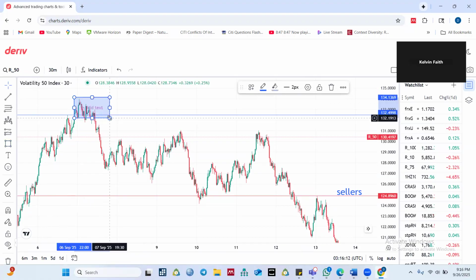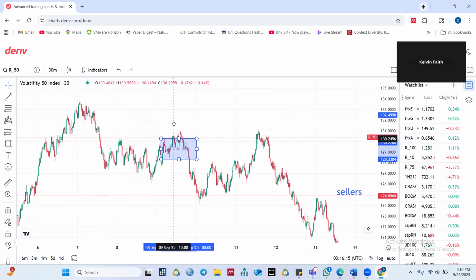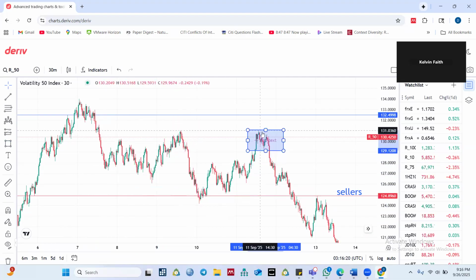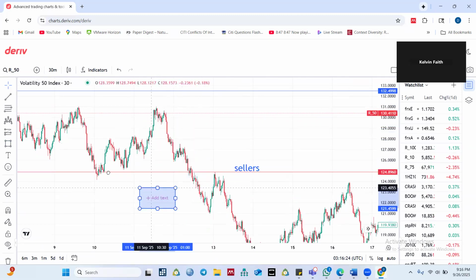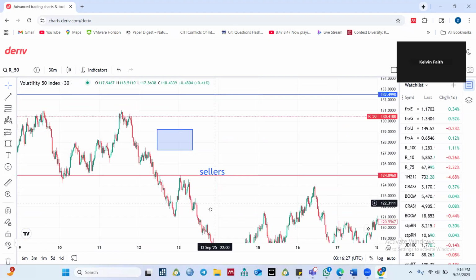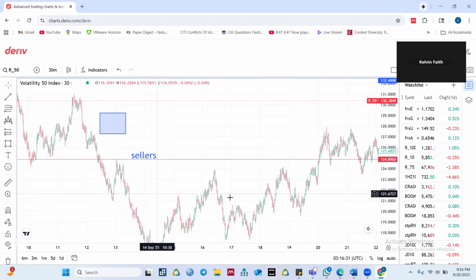That dropped down, retraced, broke structure and retraced again. And then from there, we saw a break of structure again, and we saw that sell to the downside. And from that, this is the pullback from this leg.